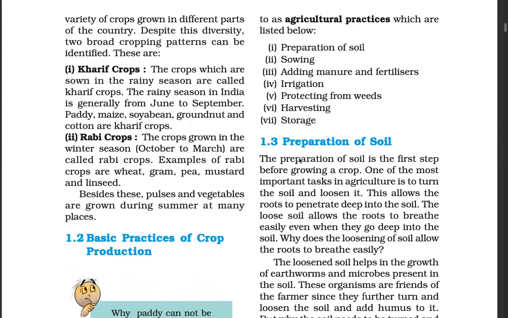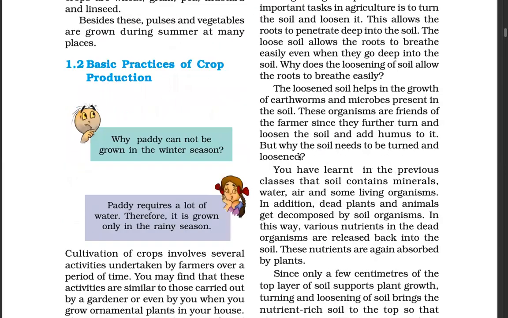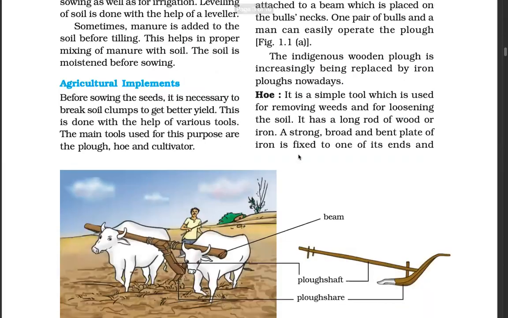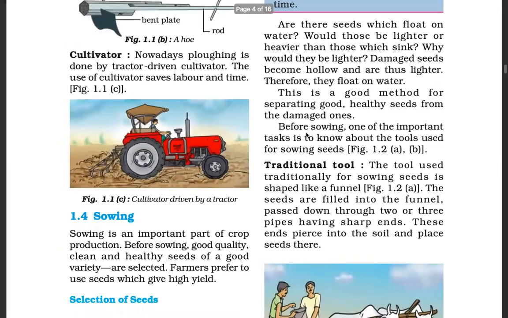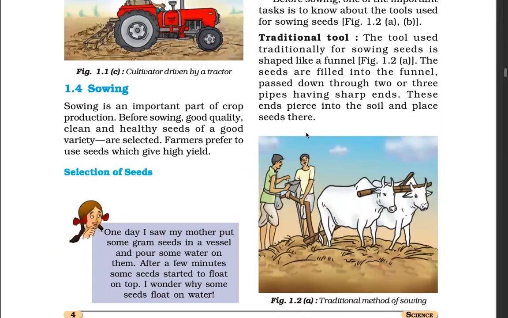What are the agricultural practices? Preparation of soil, agricultural implements, plow and cultivator. Then we read about sowing seeds, and the traditional tool is the funnel method, and the modern tool is the seed drill method, right?